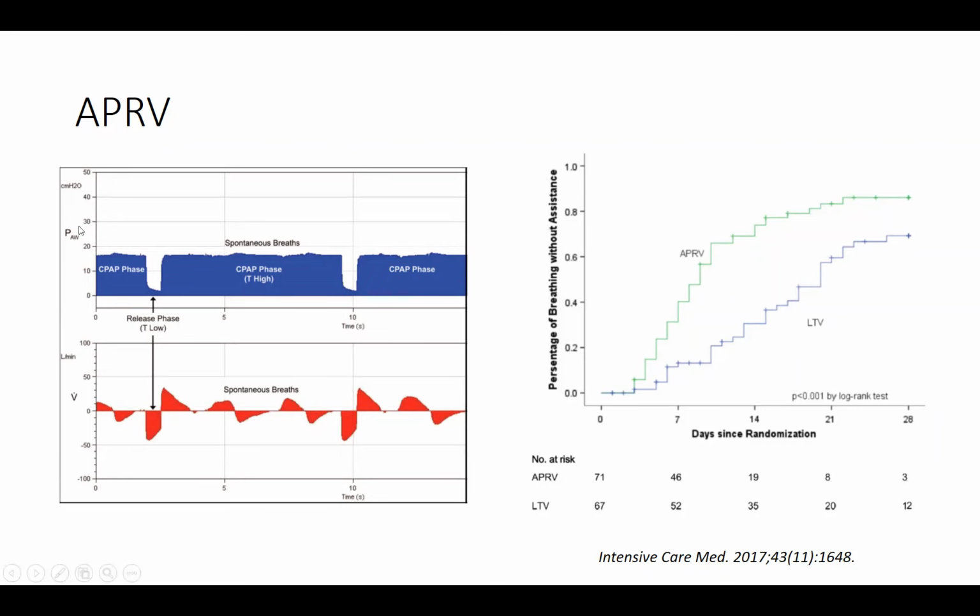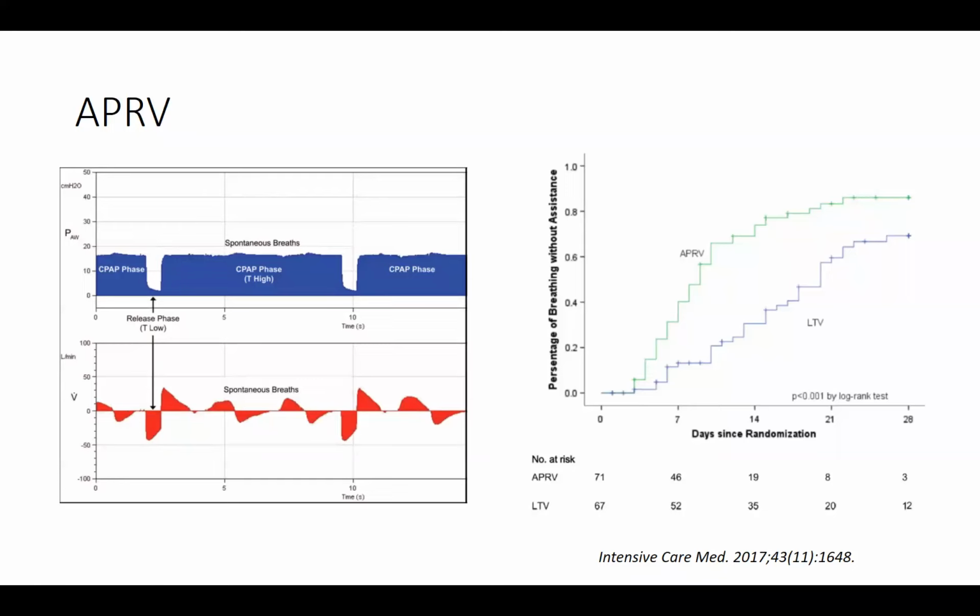The way it works is you give a very high CPAP, or it's similar to PEEP, except it's not really expiratory anymore. You set a high baseline pressure, and then every so often, not frequently, in this instance about every 7 seconds or so, you release that pressure for a brief amount of time.